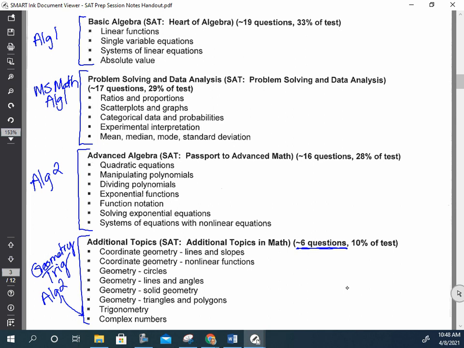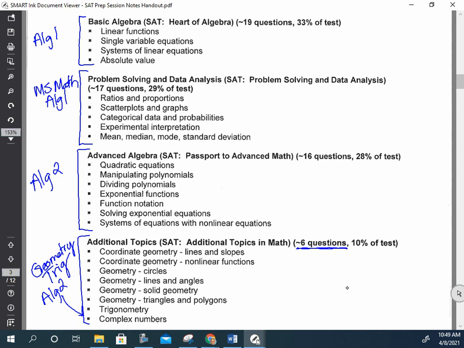For those of you who are freshmen and sophomores wondering how this applies to you if you don't take the SAT this year: Number 1, you're going to have to take it. That's a graduation requirement. So get over yourself. Number 2, you will take the PSAT, which is a National Merit Scholarship qualifying test.